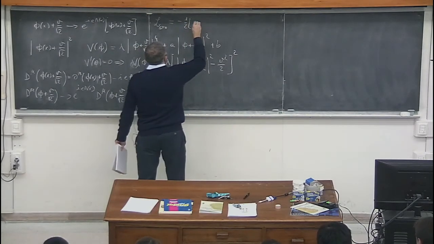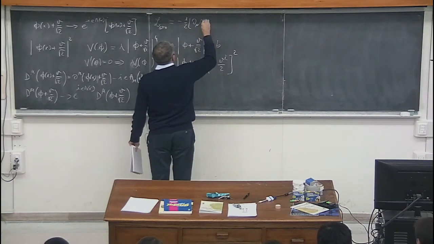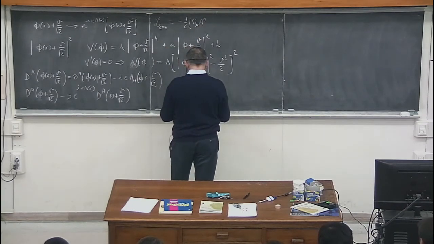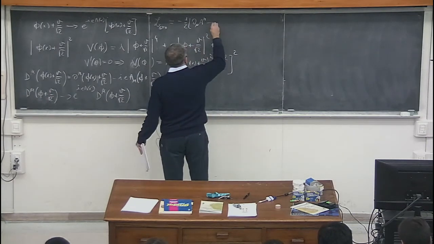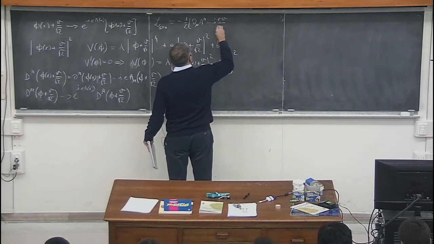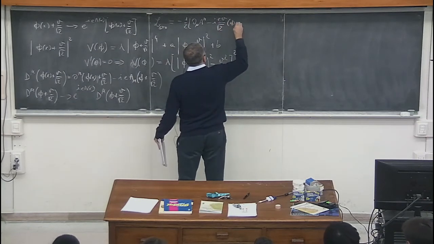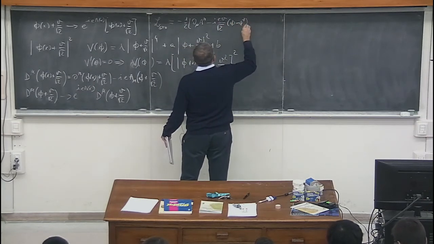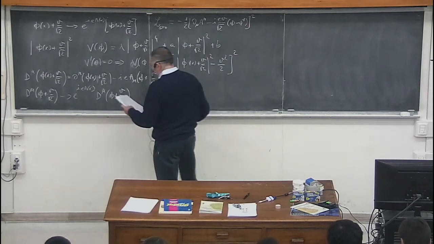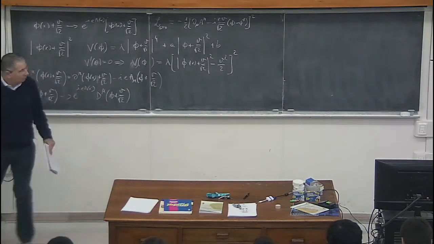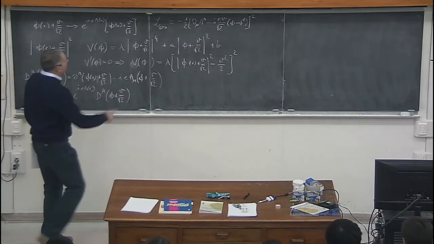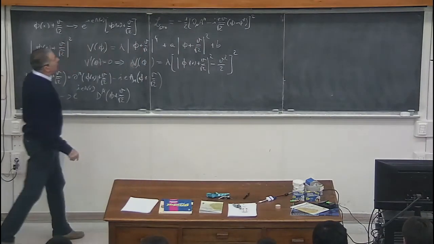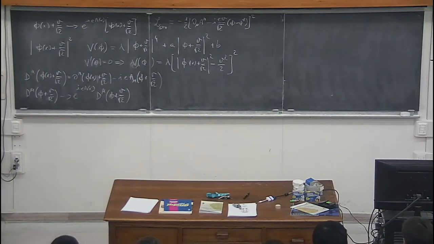Instead of (d mu A mu) squared, I have d mu A mu plus something, and something is proportional to the imaginary part of phi. The gauge fixing is arbitrary, so I can choose whatever I like, and we will see in a moment why this gauge fixing term is more convenient in this case.